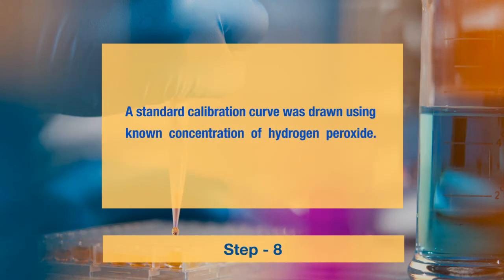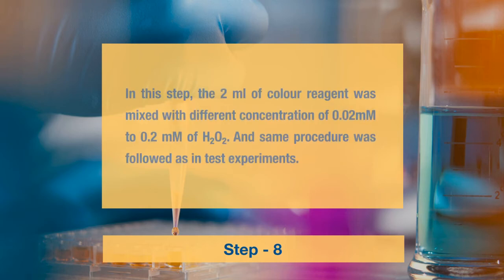Next, a standard calibration curve was drawn using known concentration of hydrogen peroxide. In this step, the 2 ml of color reagent was mixed with different concentrations of 0.02 millimolar to 2 millimolar of hydrogen peroxide, and the same procedure was followed as in test experiments.